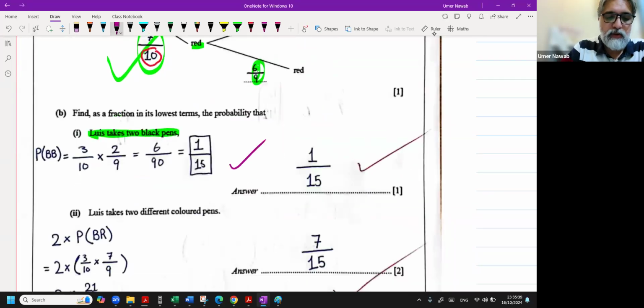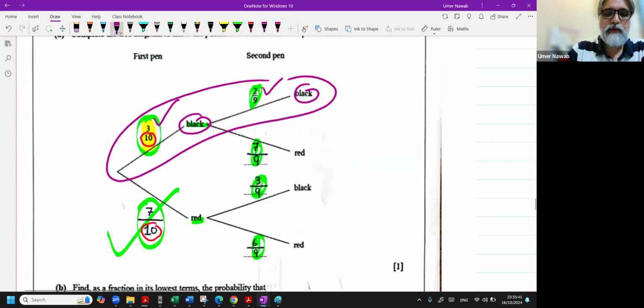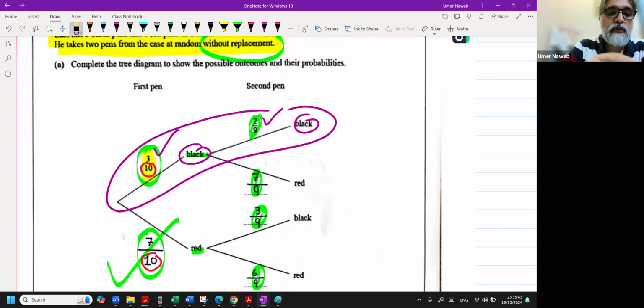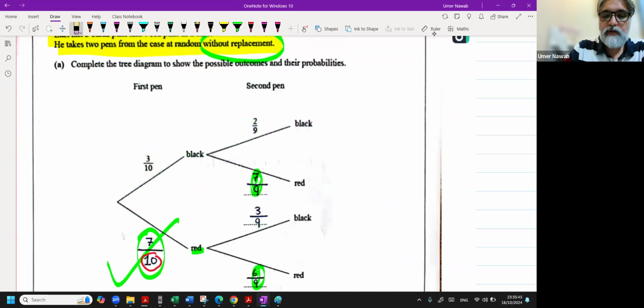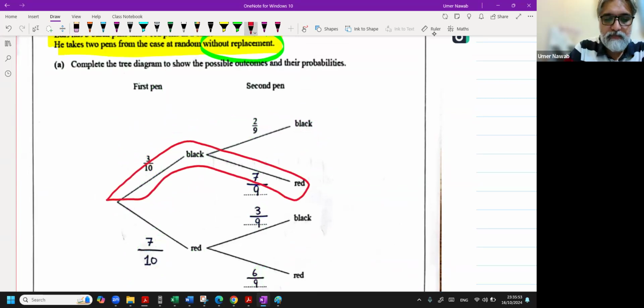Next, Lewis takes two different colored pens. So different colored pens, let's do this. We have two cases. First is black and red. And then we have red and black.